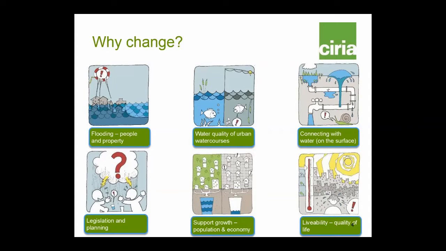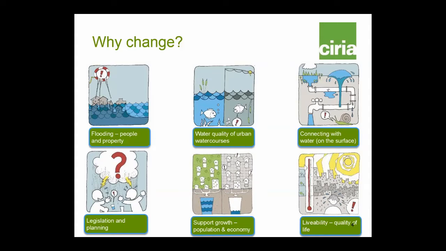So firstly, to set a little bit of background, I'm sure many of you will be familiar with the challenges that we face going forward in terms of managing stormwater. But why should we really change our approach, which has served us so well for the majority of times?